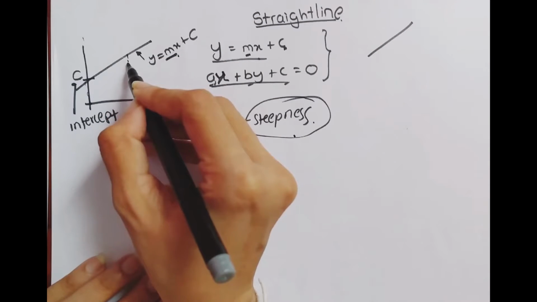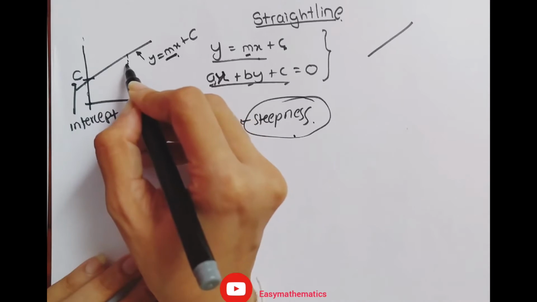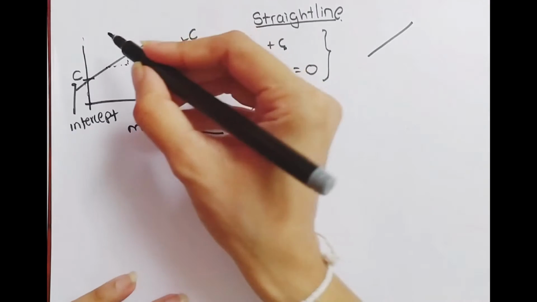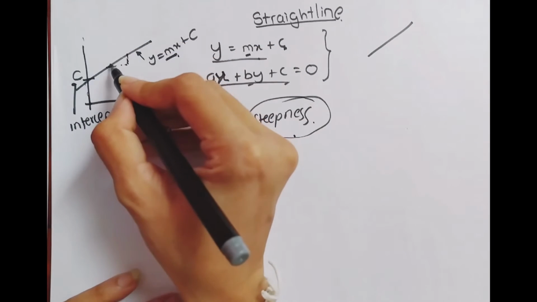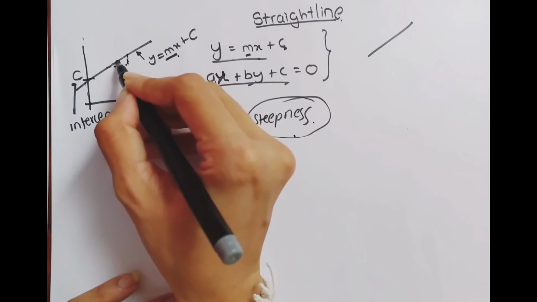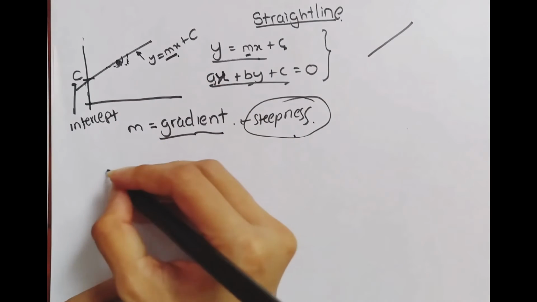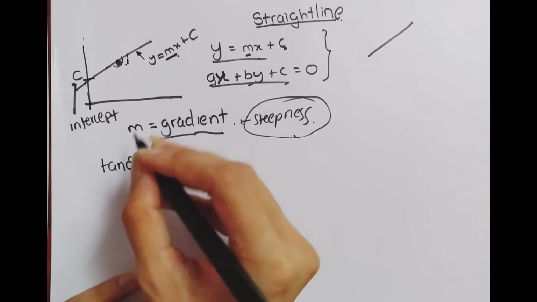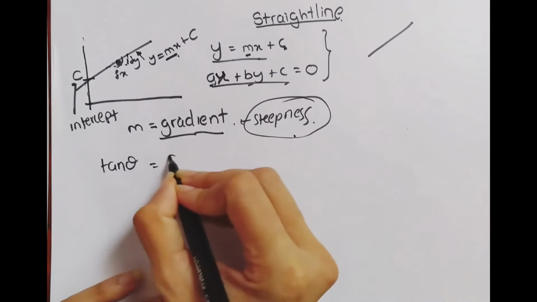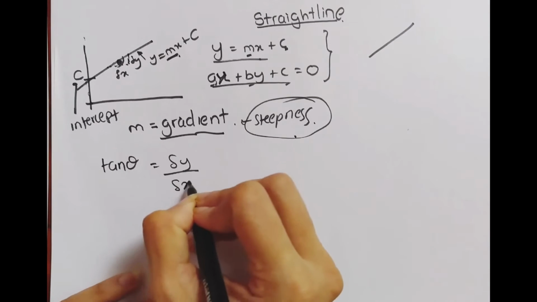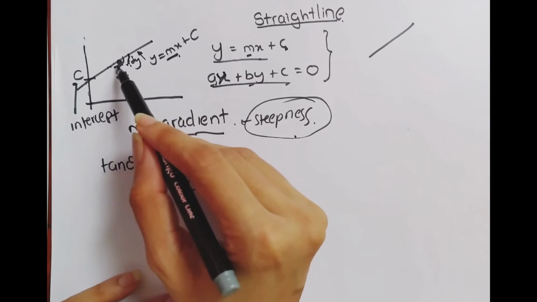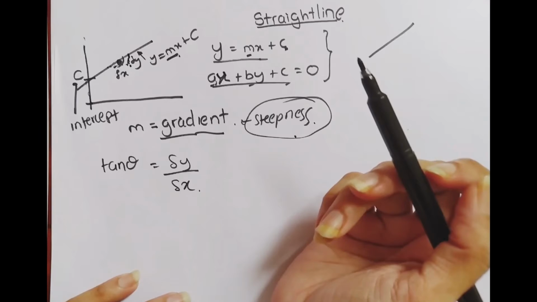You can measure it using this: if you use this angle as theta, then tan theta is delta y over delta x, where delta y is the change in y and delta x is the change in x.